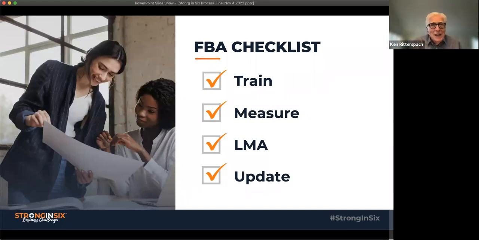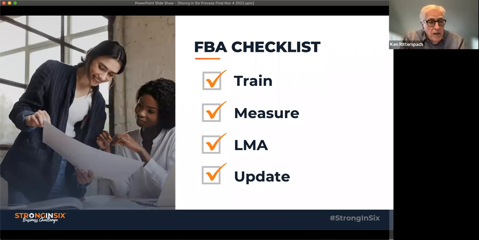Yeah, thank you. Measurables are tricky depending upon the position. If you're on an assembly line and you're creating widgets, then it's relatively easy to measure widgets. If you're an engineer in an engineering department, it's a little tougher to come up with the measurables. So there's no easy answer on the measurables component.